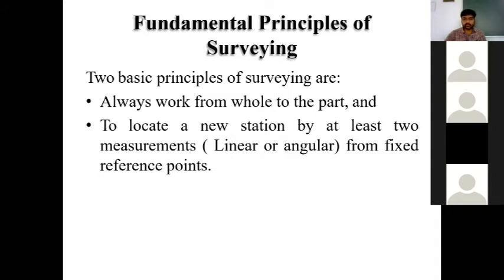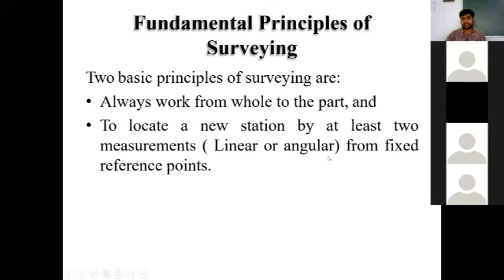What are those two measurements? One is linear or angular from the fixed reference points. These two things you're going to study in today's class, and apart from this, you're also going to study scales, plans, and maps.